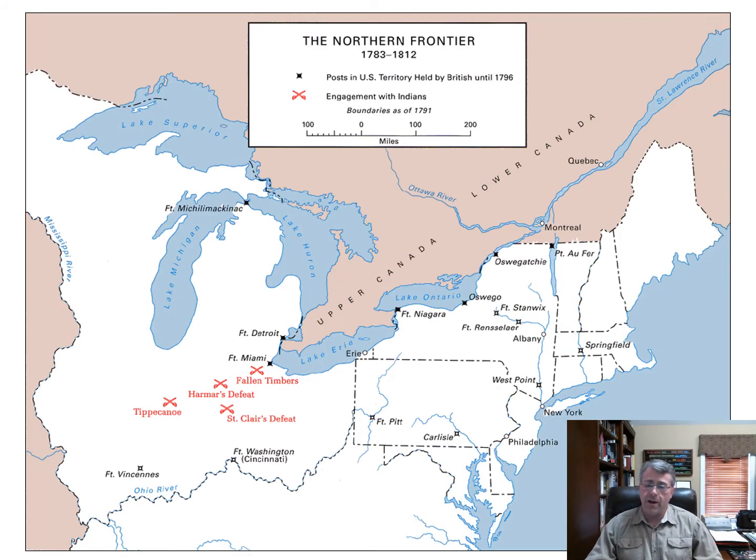Taking a look at a map here, it's easier to see what we're talking about with our situation with England. England did remove all of their troops from the area of the original 13 states. So from New England all the way down to the Carolinas, England removed all of their troops.